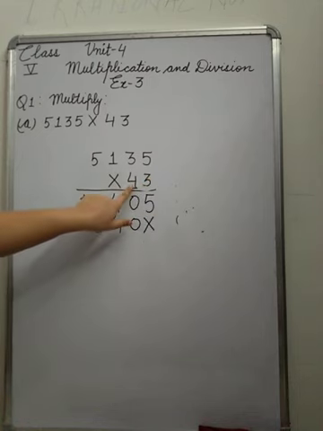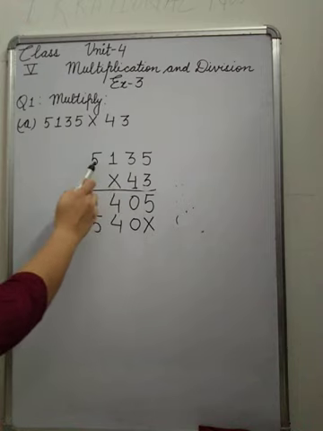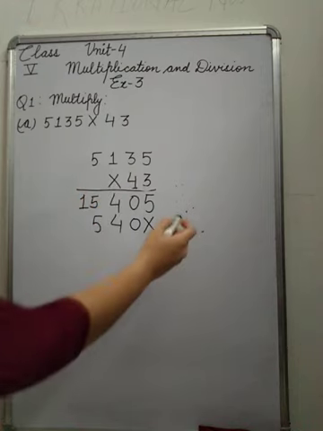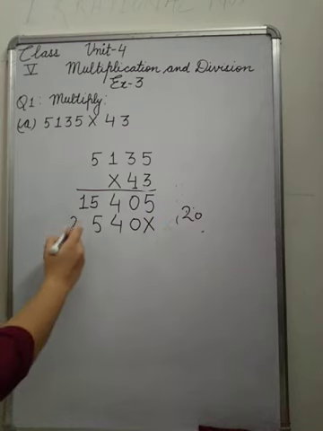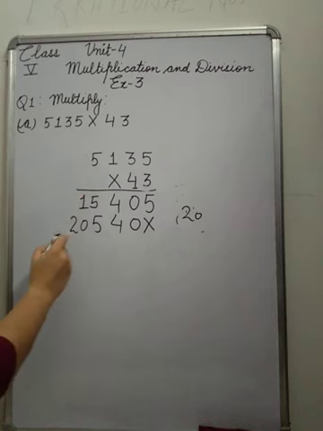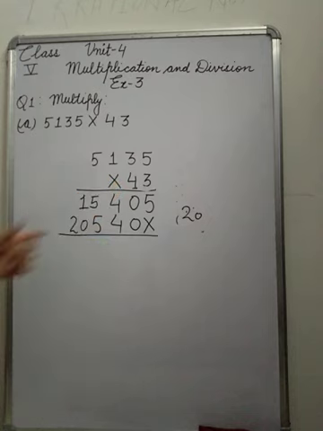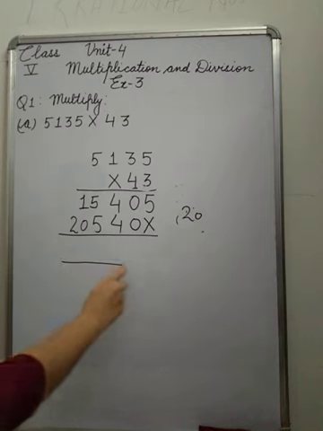Now 4 5s are 20. Place that 20 complete here because no more digits are there. So in this way you can do that. Now add these numbers, placing one digit below one digit. Now add these.